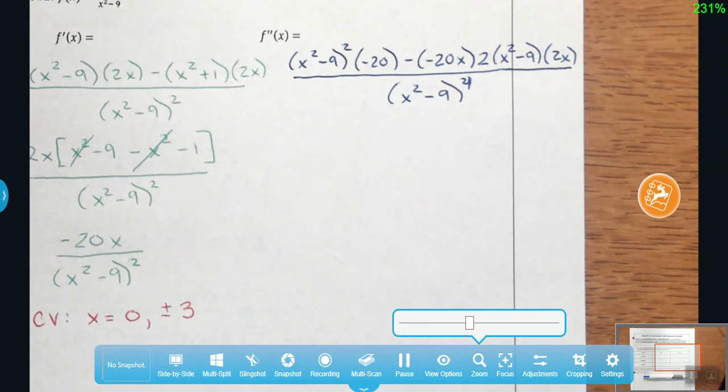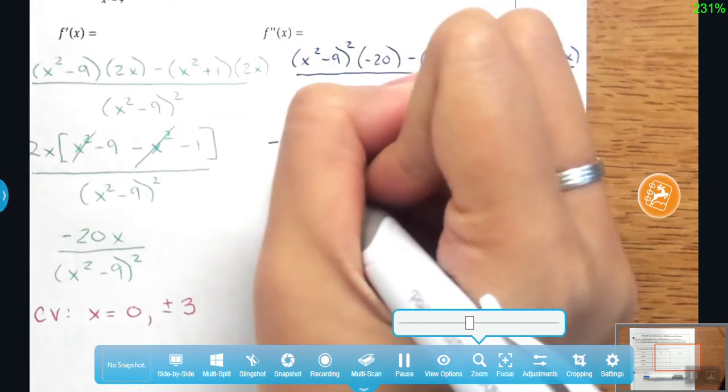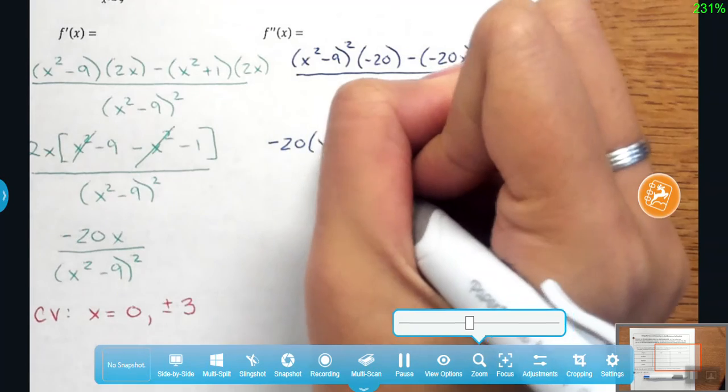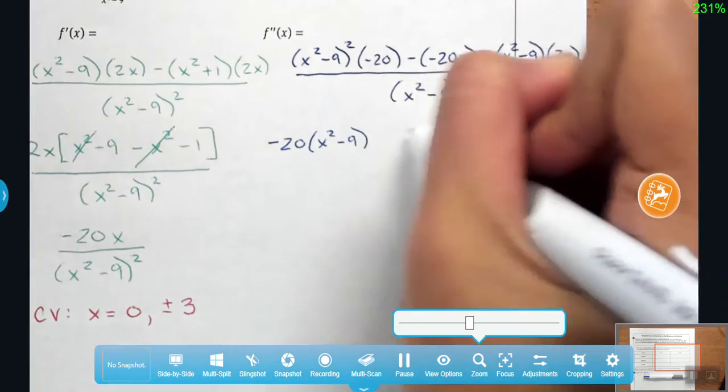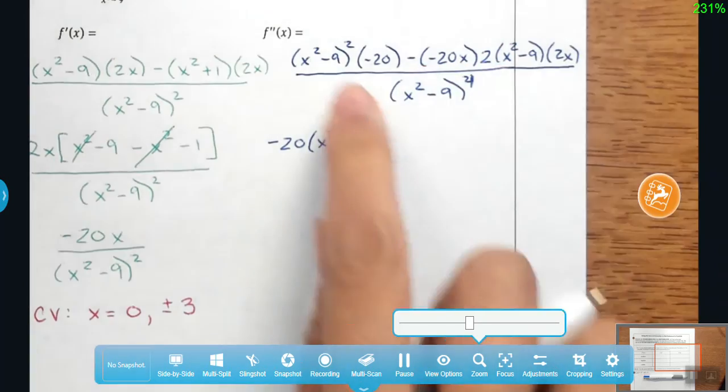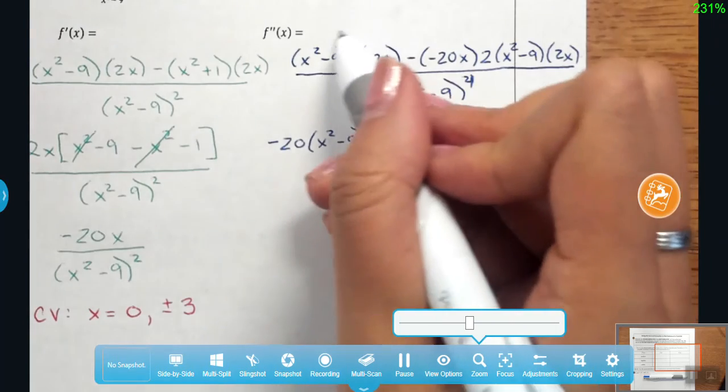Okay, what do these two terms now have in common? Negative 20, so I can pull out a negative 20, and one x squared minus 9 in each term. So let's take out a negative 20 and one x squared minus 9. What's left in this one?